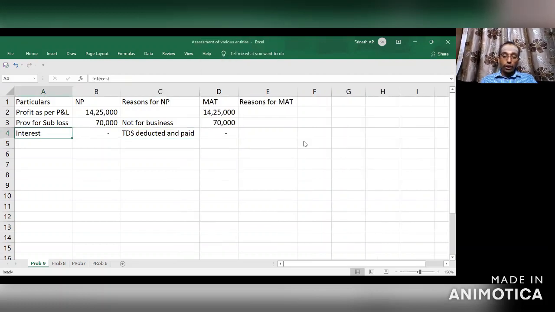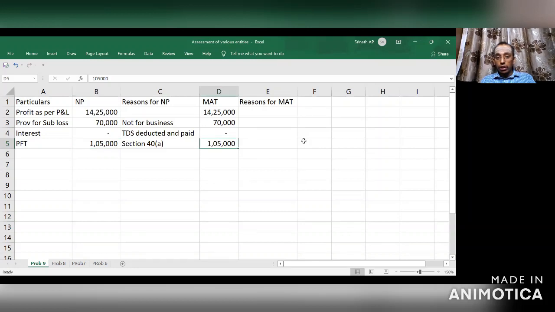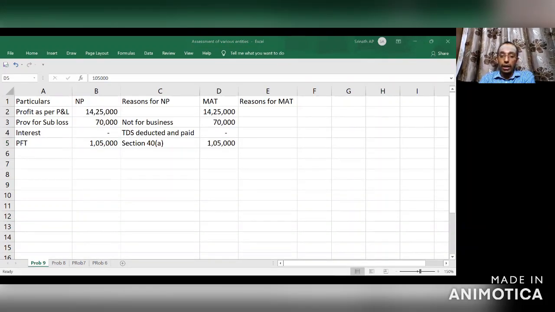Provision for tax. PFT is provision for tax, 1,05,000. Section 40. Section 48. Sir, with respect to interest, if the dates were changed, then it would have been disallowed.